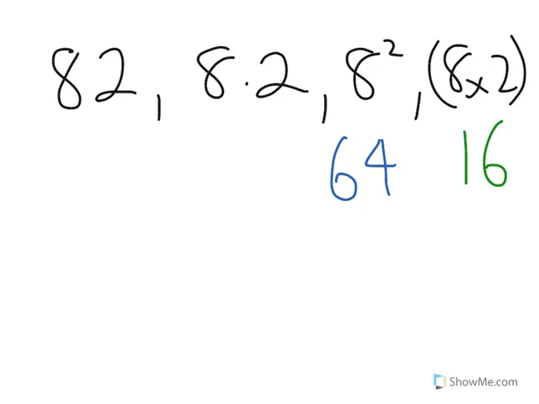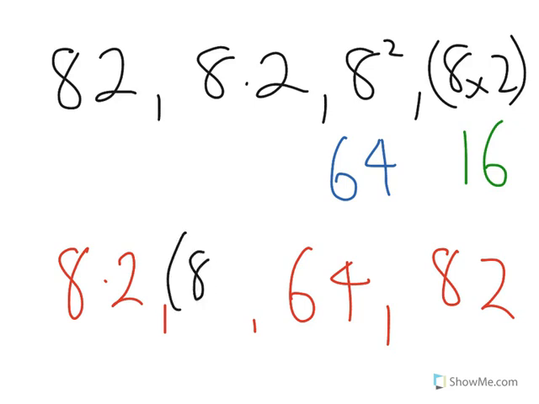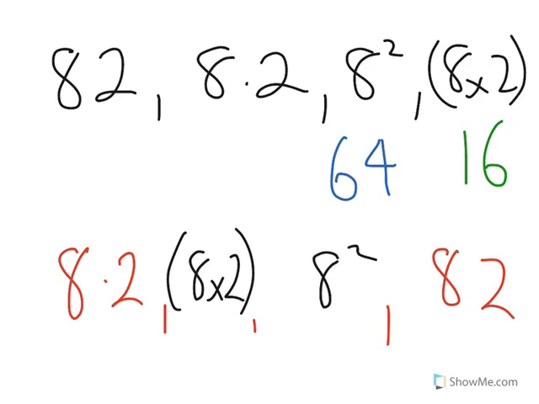It is much easier to sort these in order. We go 8.2 first, then 16, then 64, and then 82. But we need to remember that 16 is actually 8 times 2 in the question, and 64 is actually 8 squared in the question. And that's our answer.